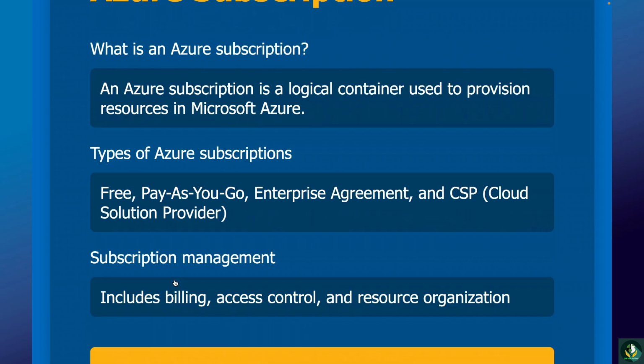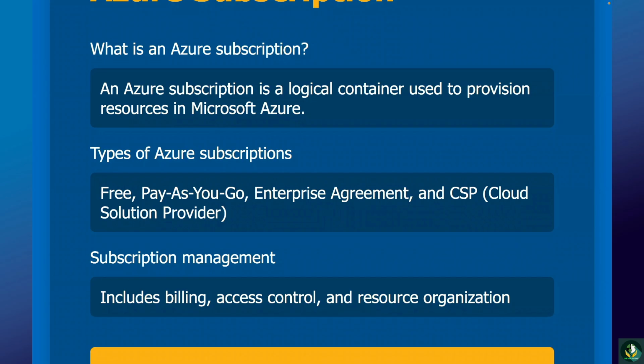Now, subscription management is a critical aspect of using Azure effectively. It involves several key areas such as billing management. This includes monitoring resource usage, setting up budgets, and managing payment methods. Then access control. Azure's subscription utilizes role-based access control, abbreviated as RBAC, to manage who can access resources and what actions they can perform.